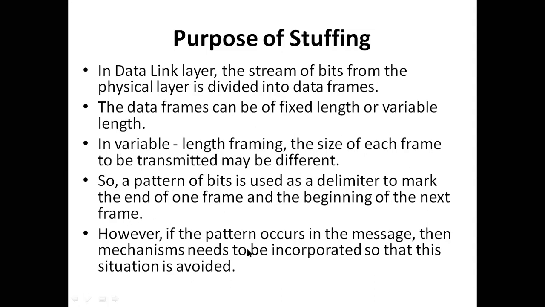If the pattern occurs in the message, that means we have the payload coming from the network layer, and here we can add a header, trailer, and also some flags. Suppose the flag bits are the same as in the payload, then it will be a problem. How do we solve this problem using bit stuffing and byte stuffing? Let's see.